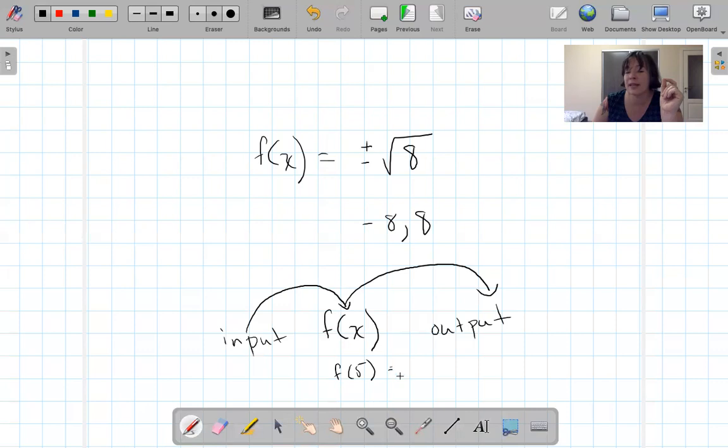And whatever your answer is, you only get one answer, one input, one output. That's a function. If you have more than one output, then it's not a function. Okay, I hope that helped you, and you'll probably have some questions tomorrow, and I am ready to answer them.